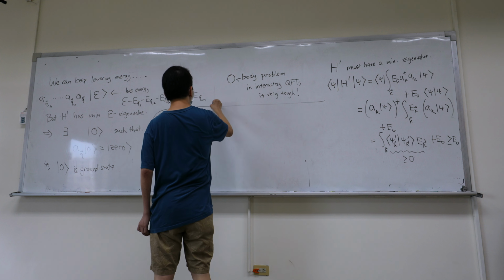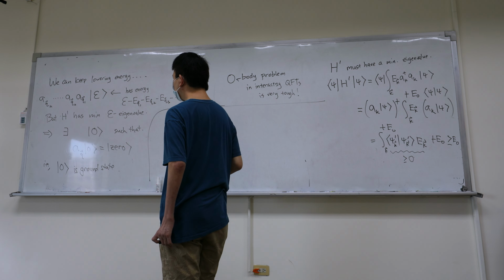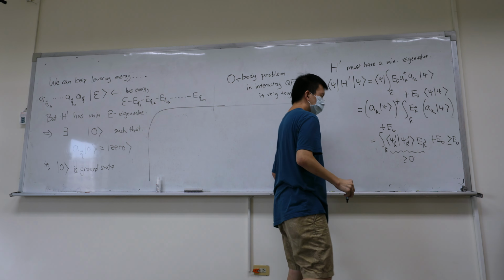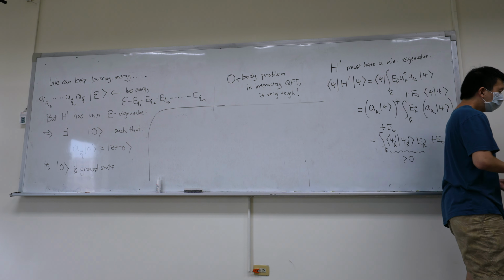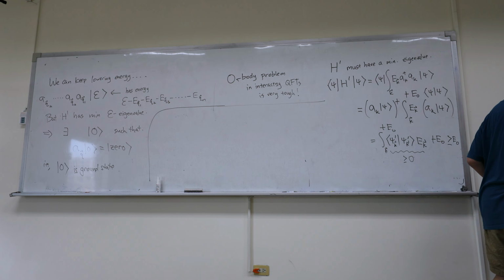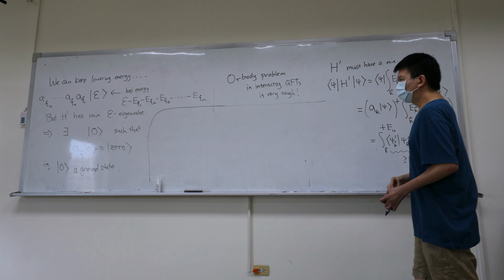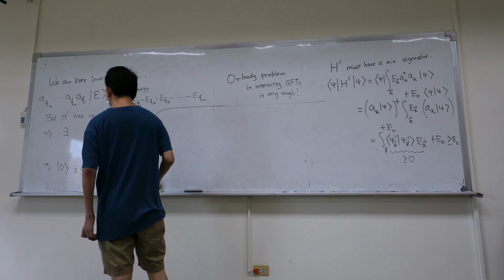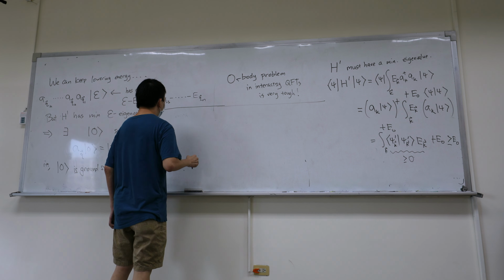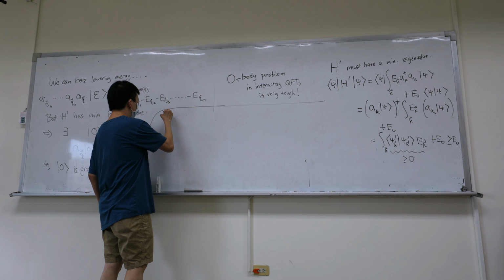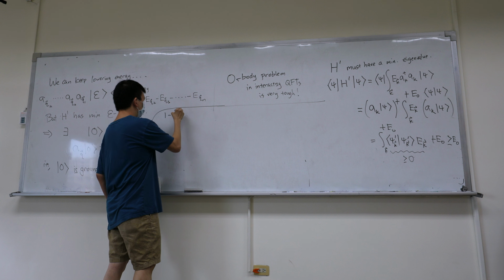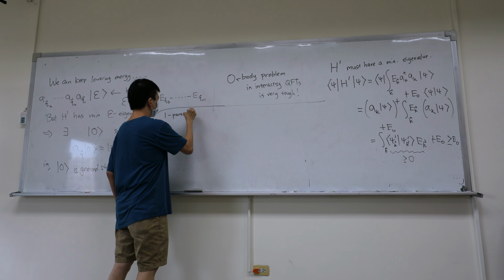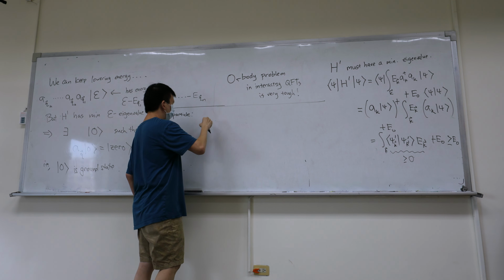But now we should make a slight detour, like I said, and define the n particle states. But I want to define it in a relativistic case. So let's see how we do it. So this is the ground state. And I claim that the one particle state needs to be defined in a particular way.